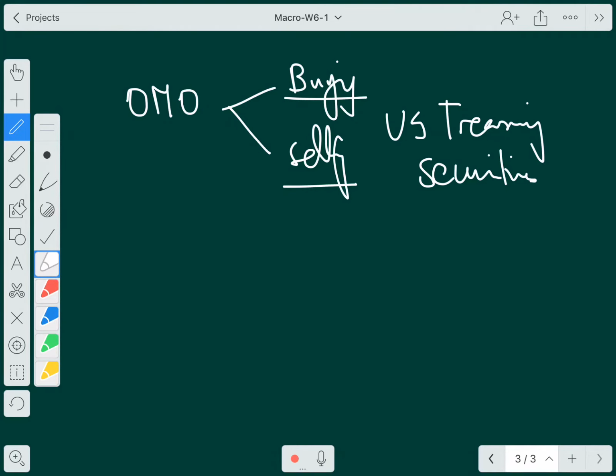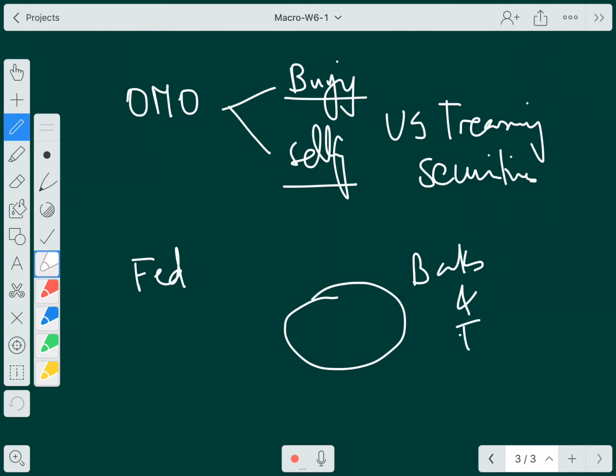Okay, so if you imagine this is the Fed and these are the banks and financial institutions, suppose that the Fed is buying the US Treasury security, which is just a piece of paper.